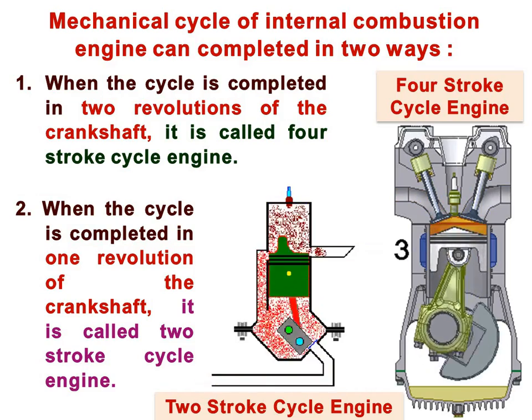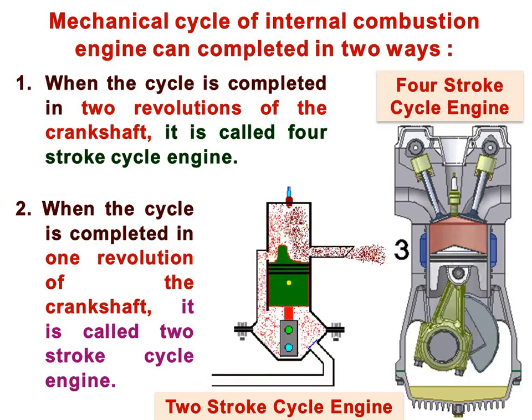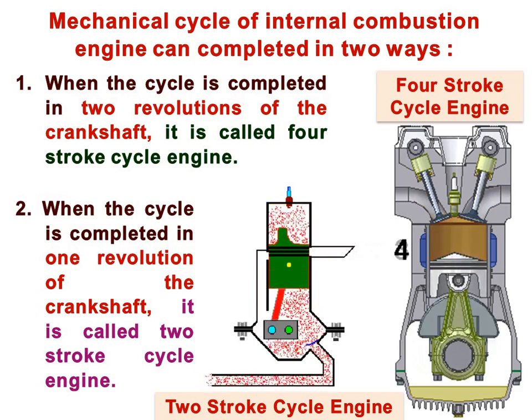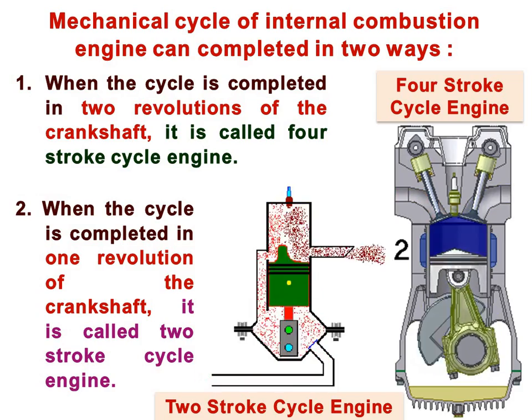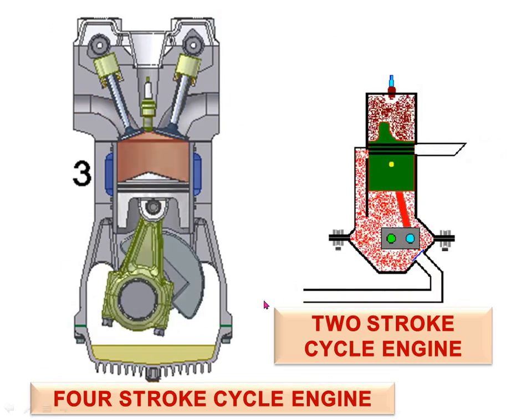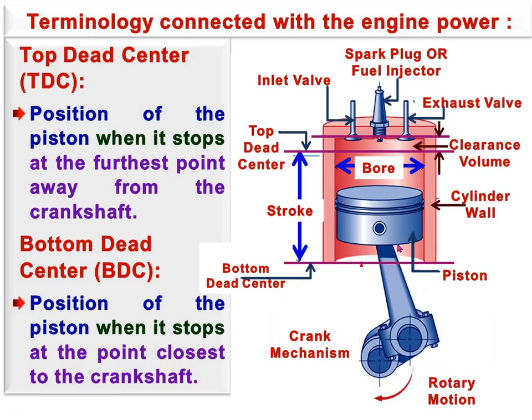That's why it is called a two-stroke engine. The two strokes of the engine are, first, the upward stroke, and second, the downward stroke. So this is the four-stroke engine cycle, and this is the two-stroke engine cycle.